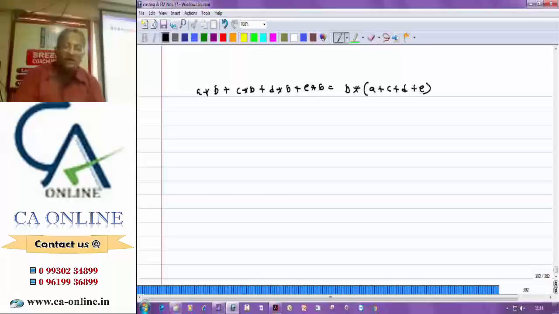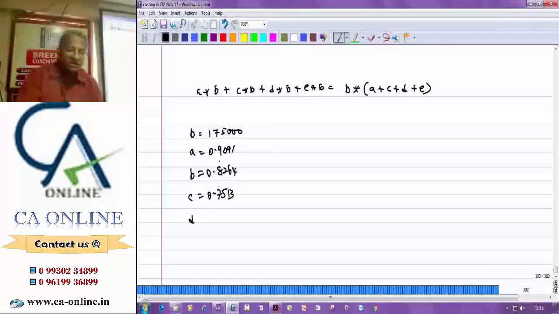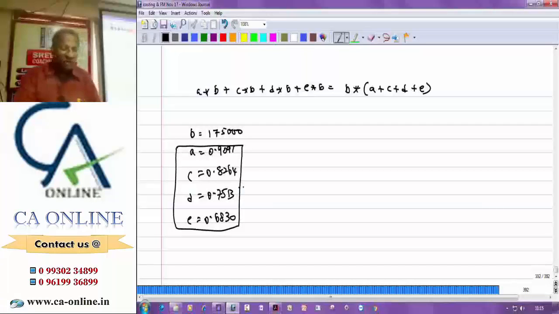Here B is 1,75,000, A is 0.9091, C is 0.8264, D is 0.7513, and E is 0.6830.